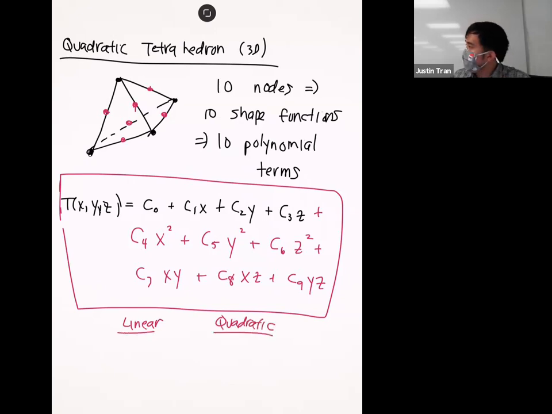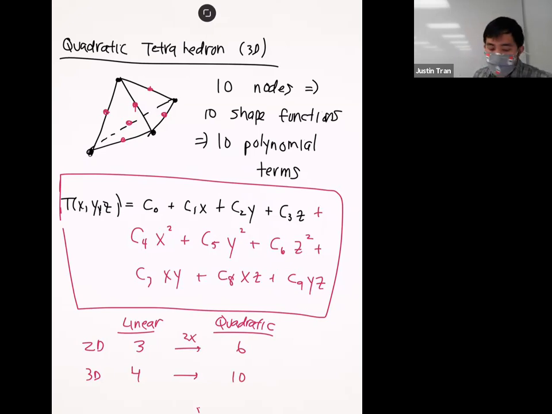I want to draw your attention to a trend. For the 2D triangle, we had 3 nodes in the element, and for the quadratic one, we have 6, so going from here to here is a 2x increase in the number of nodes, or in cost.